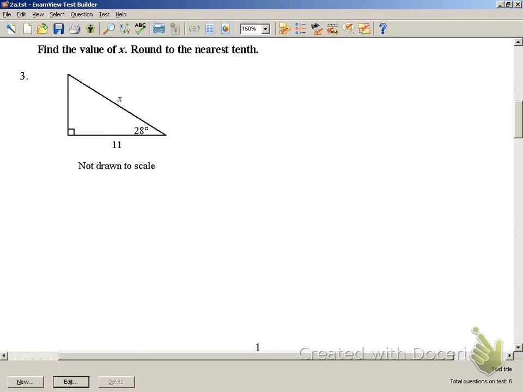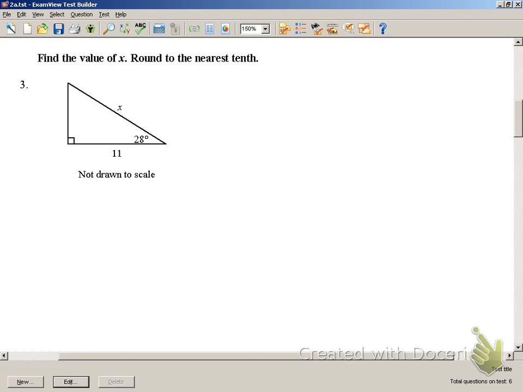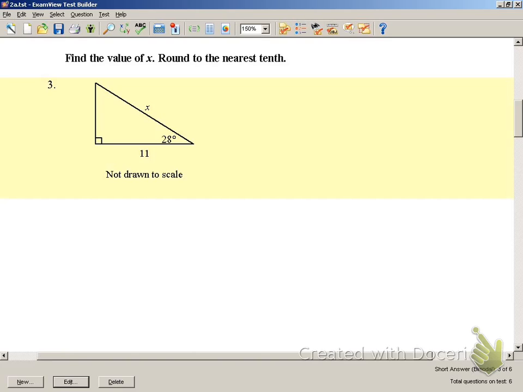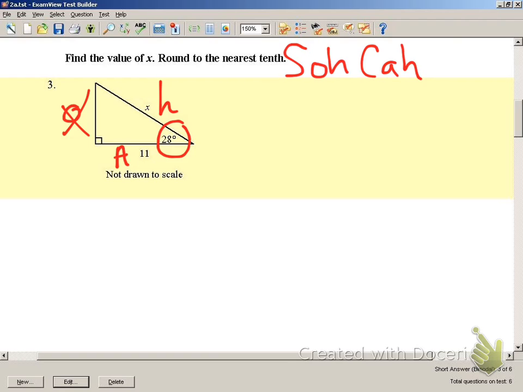Number 3 says find the value of x, round to the nearest tenth. Here is my angle, 28 degrees. Now in reference to it, here are my parts, O, A, and H. I do not need the O. Remember, once again, going by SOHCAHTOA, I have A and H, so therefore it will be cosine.